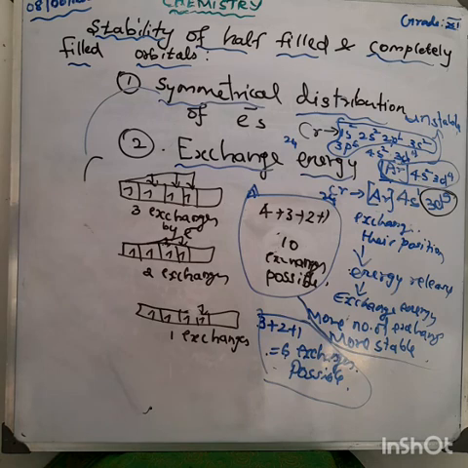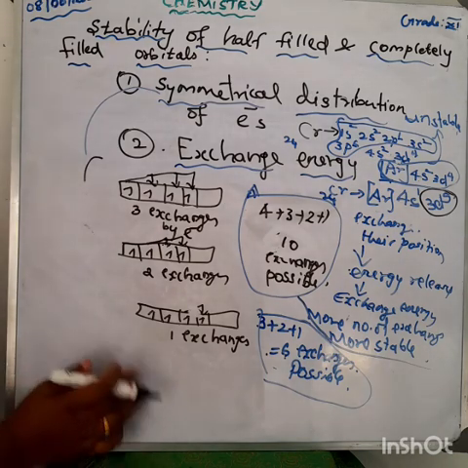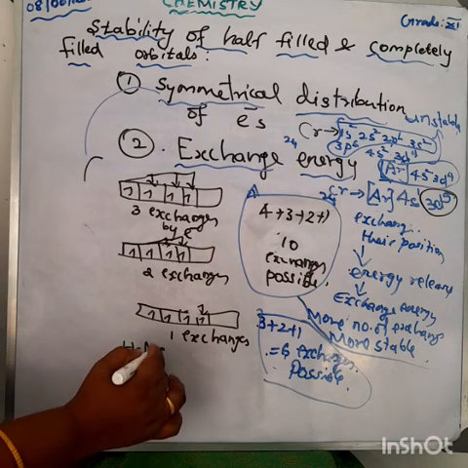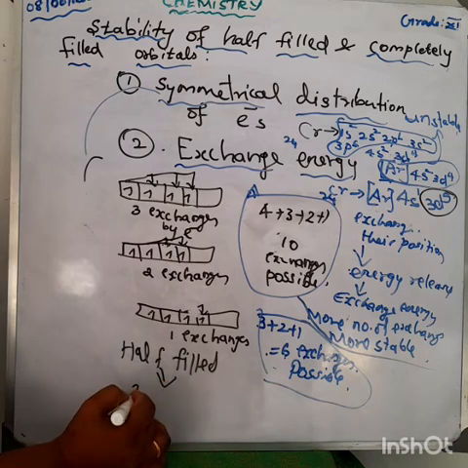Understood? This increases the stability of the half-filled 3d orbital. That is why half-filled 3d orbitals are stable. So these are about the exchange energy. Understood?